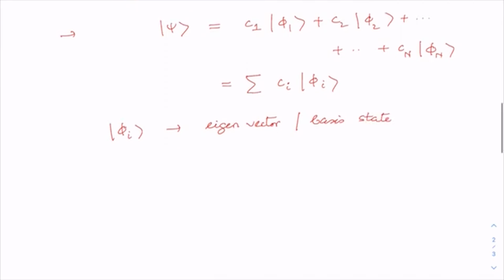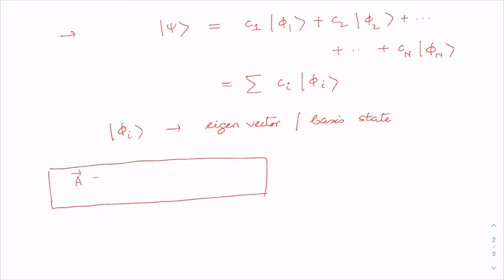In fact, to give you an analogy, as you know, in classical mechanics or in vector analysis, if we have a vector in 3 dimensions, this vector can be written in its components like this: ax i cap, where i cap is the unit vector along the x direction, ay j cap, where j cap is the unit vector along the y direction, and az k cap, where k cap is the unit vector along the z direction.